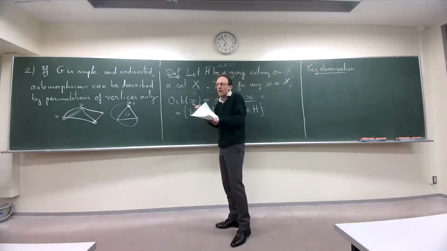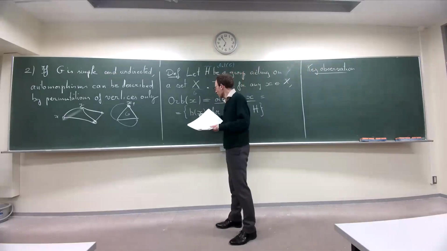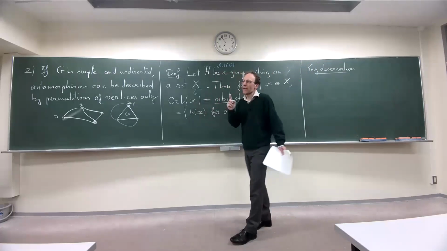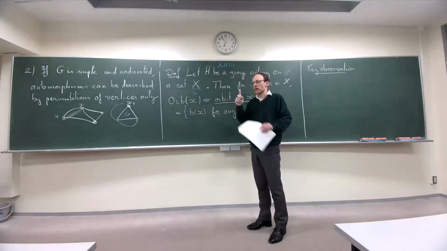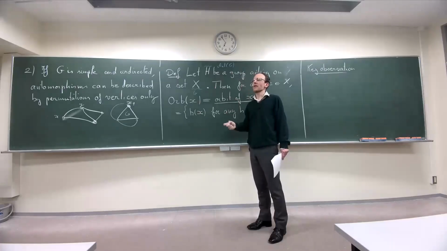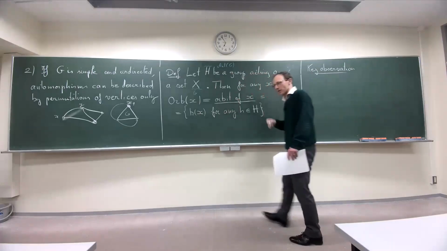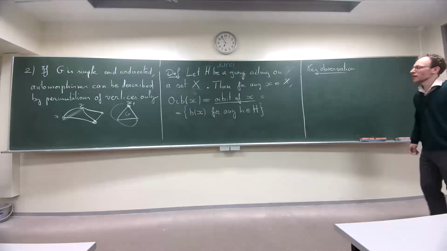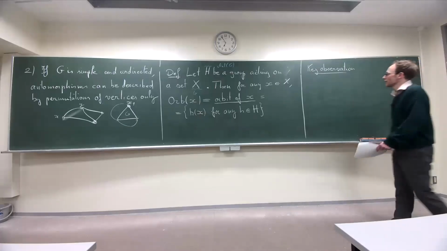So H is two functions, but also, instead of just taking the set of vertices, if I want to do this, I can also look at the set of images of edges. I will come back to this example in a second. So I just wanted to write it in general.